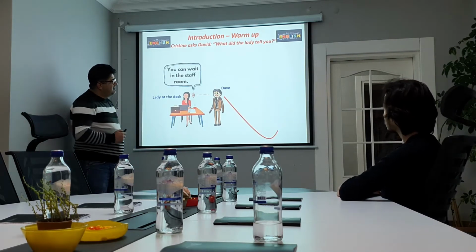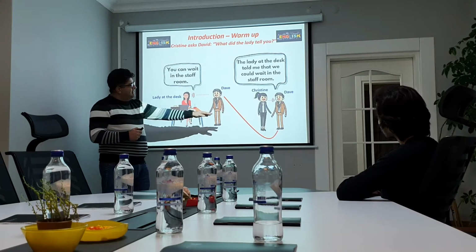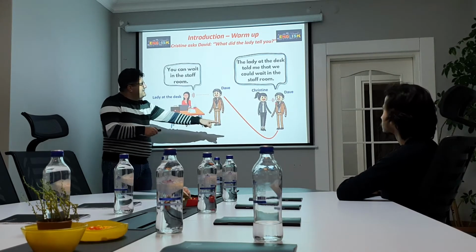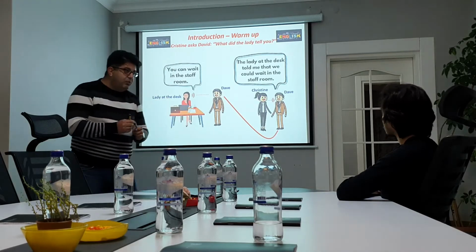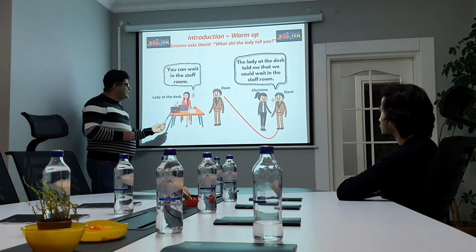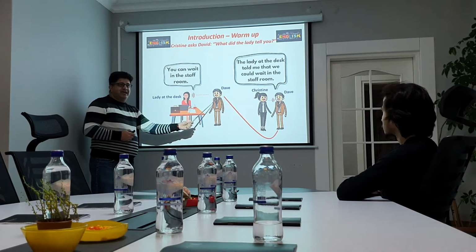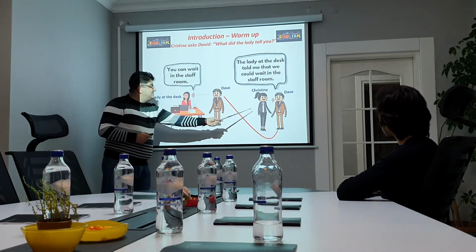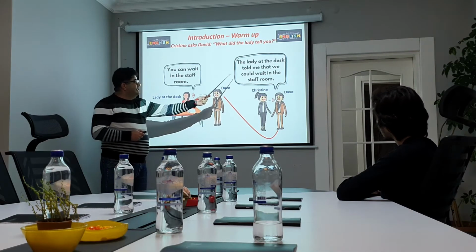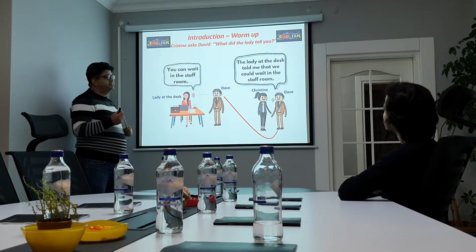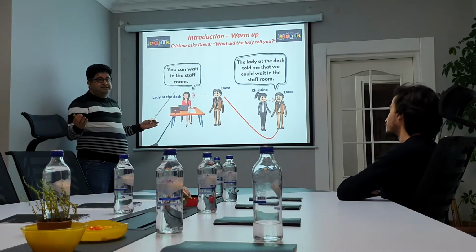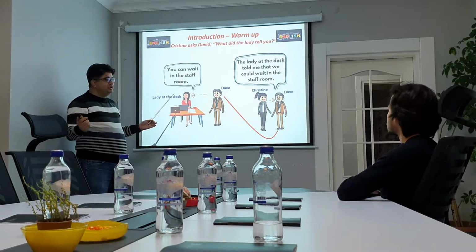And Dave walks a little bit and this time says to Christine what this lady at the desk said to Dave. And Dave says this time to Christine, the lady at the desk told me that we could wait in the staff room. That's a reported speech.